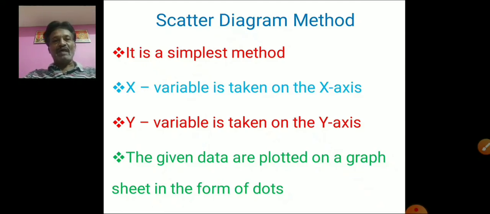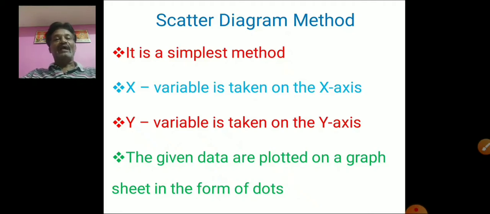That means we have pairs of variables. Take the first pair: what is the first value of x and what is the first value of y? We take that and mark a point on the graph sheet.